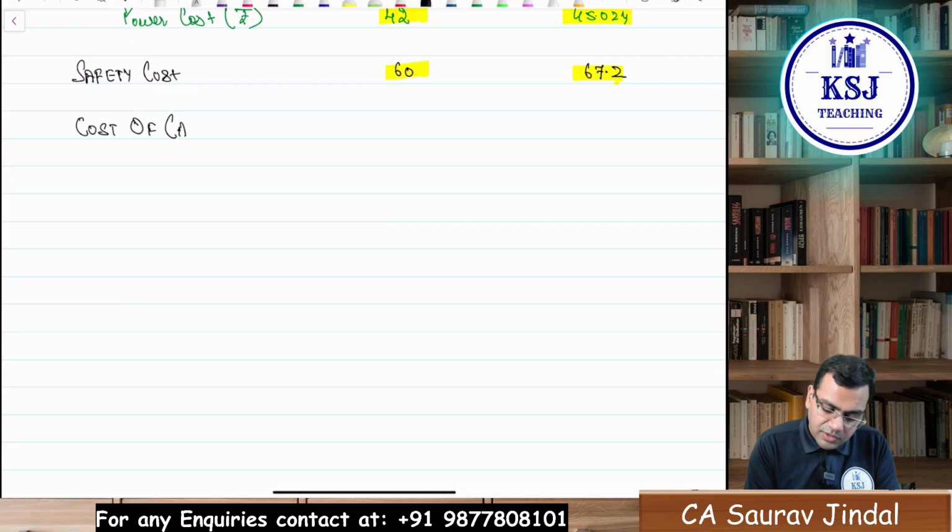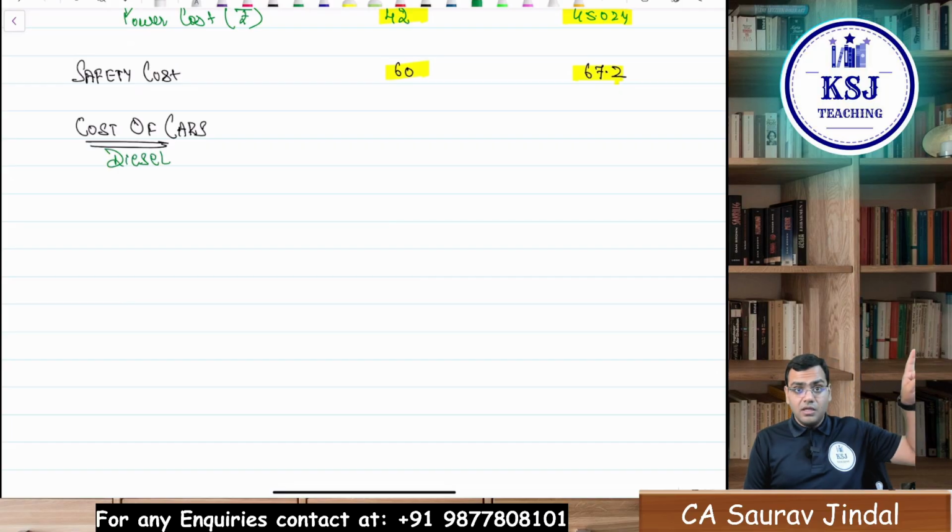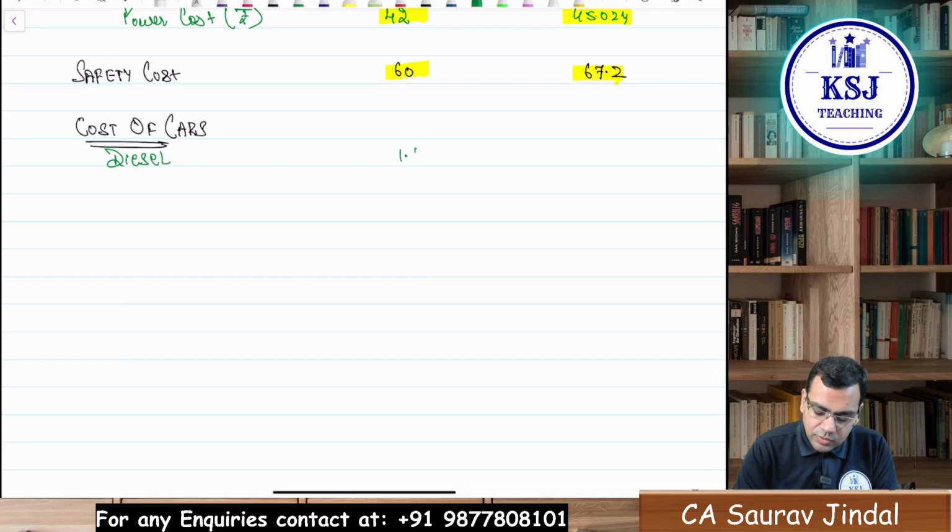If we talk about the year 2023, what is the cost related? One is the diesel cost that the company is directly paying. The company is not paying to the hire company from whom they are taking the cars. No, the company is directly paying the diesel cost, right? That is 1.2.